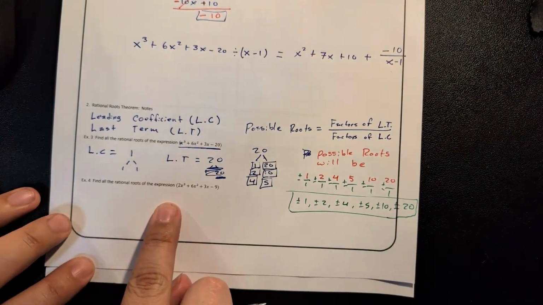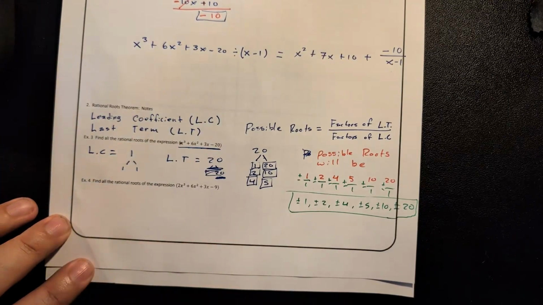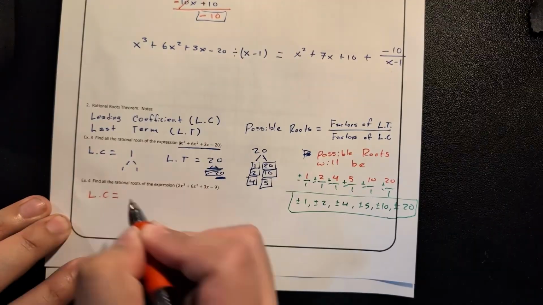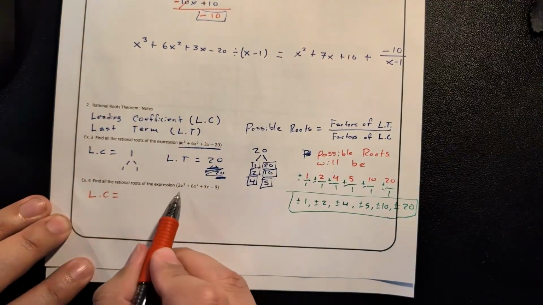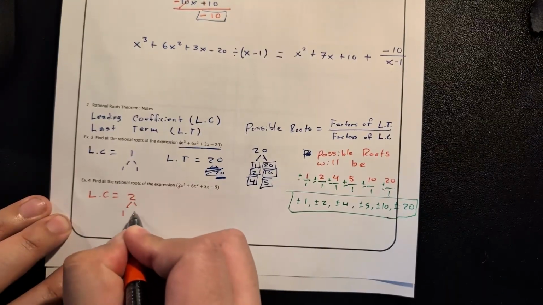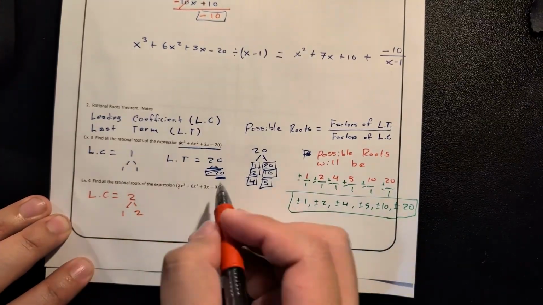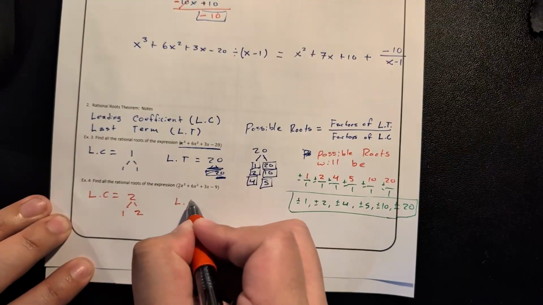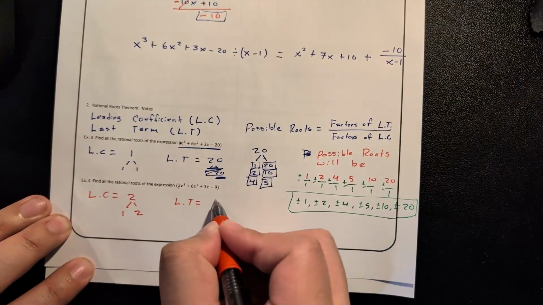Here, I'm not going to completely do number 4, but here, our leading coefficient LC is 2. We're going to divide by 1 and 2. And then our last term is 9.